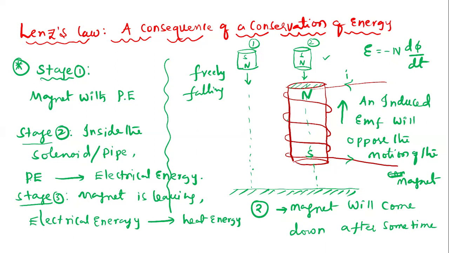Note down. Here the galvanometer will deflect. That's how we sense the current.